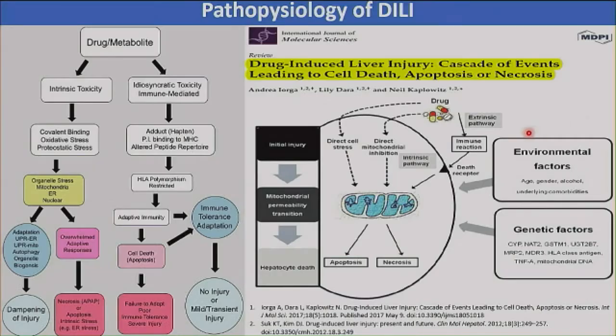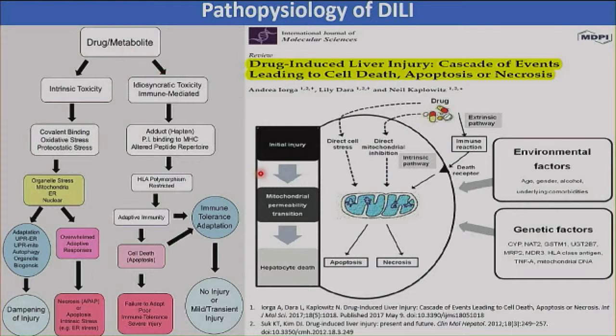And the pathophysiology of DILI, we can see here that from the drug and metabolic, the intrinsic toxicity usually has a direct impact on the cells that can cause oxidative stress, and then injury in organelles, mitochondria, and so on intracellularly, and then make the cell become necrotic and apoptotic.